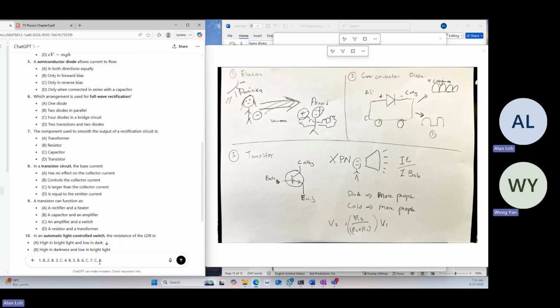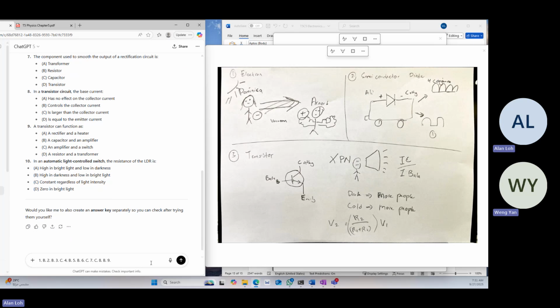This one is B. A transistor can function as an amplifier and also as a switch. 9 is C. Ultimately, like a control switch like an LDR. LDR is high in darkness. Darkness equals more resistance, which is higher. So it's B.